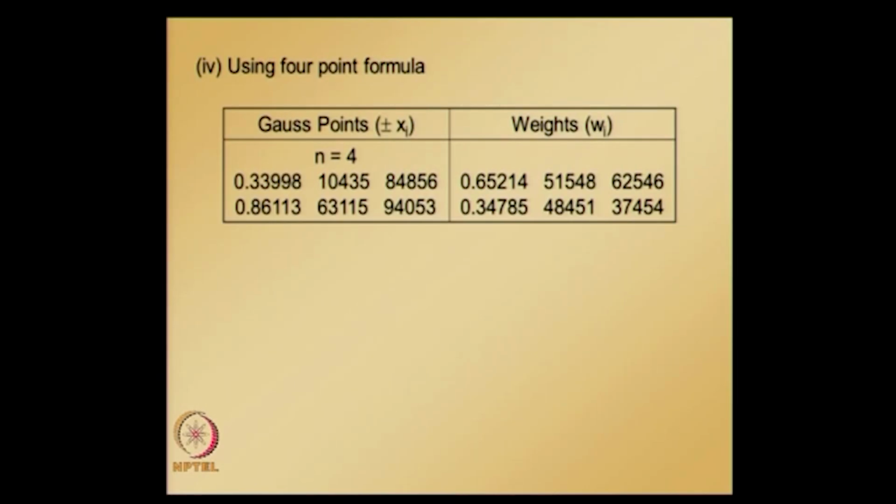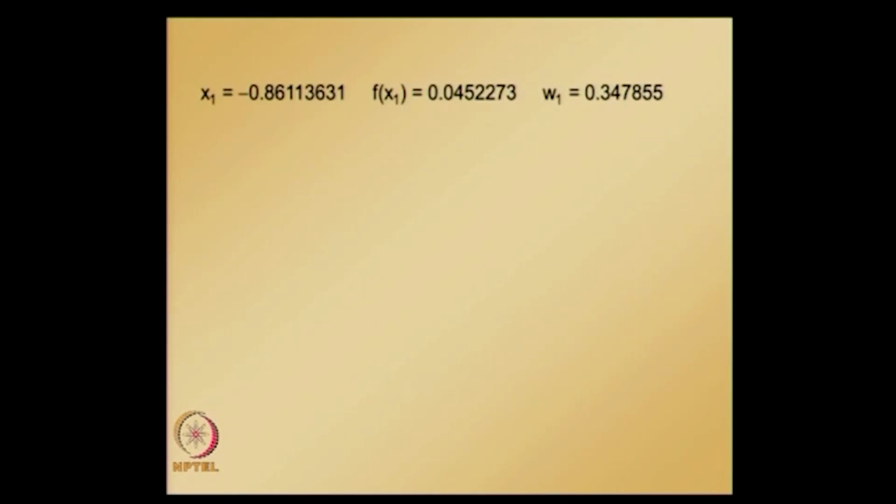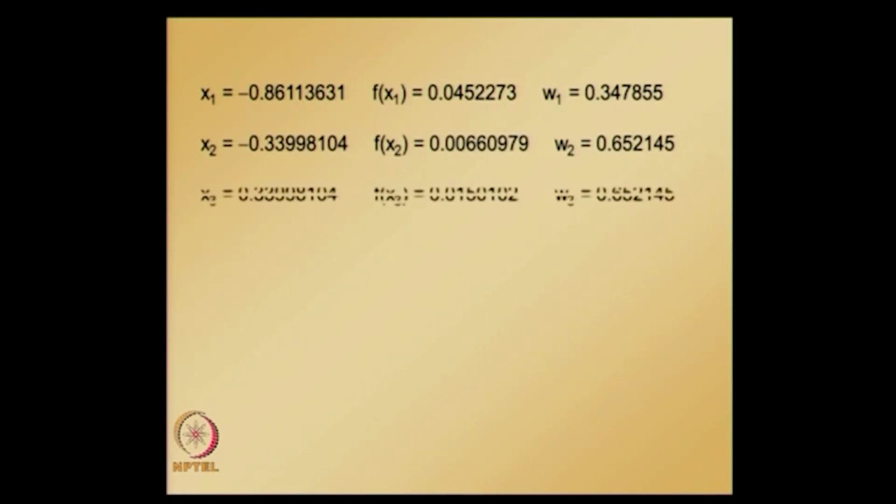So, for n equal to 4, the coordinates and corresponding weights are given here. We need to evaluate the function at the 4 points, multiply with corresponding weights and sum it up. Value of function and weight at the first integration point, at the second, at the third, and similarly at the fourth.